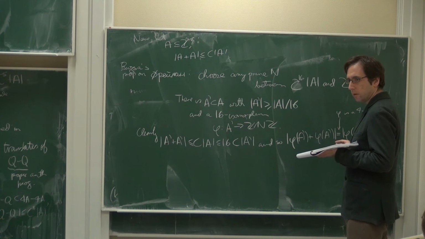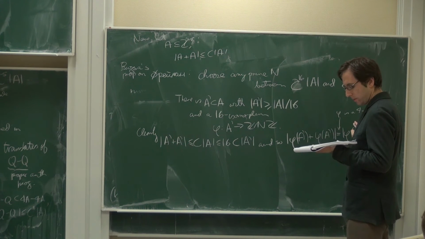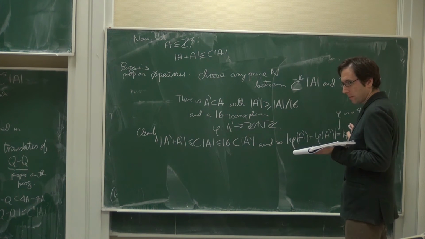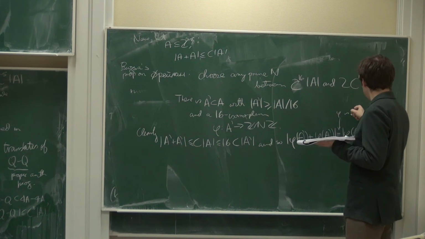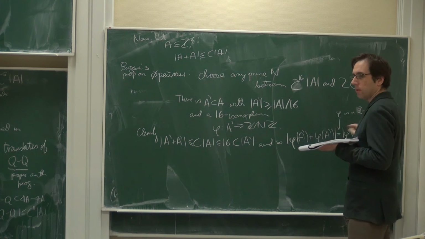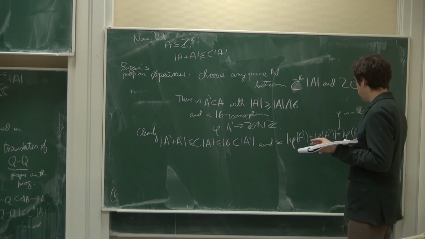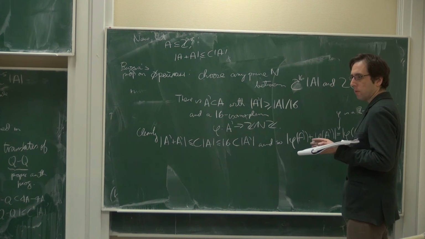Is this clear why this is true? In fact, I think being a 2-isomorphism is enough here. This is just what it means. You send x + y to the image of x plus the image of y.